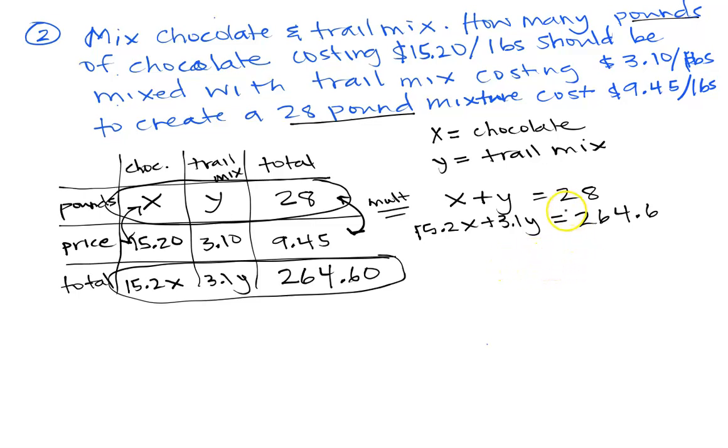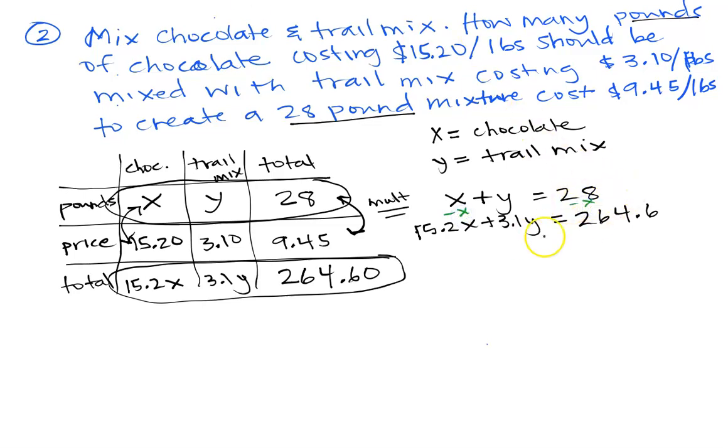Does anybody have a preference of whether we do substitution or elimination? I like substitution. Okay, so let's use this top formula, because it's easier to get one of the variables by itself.